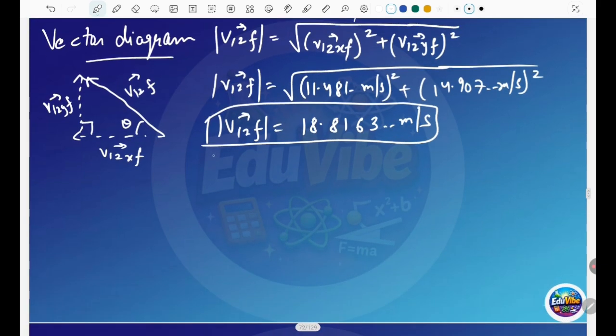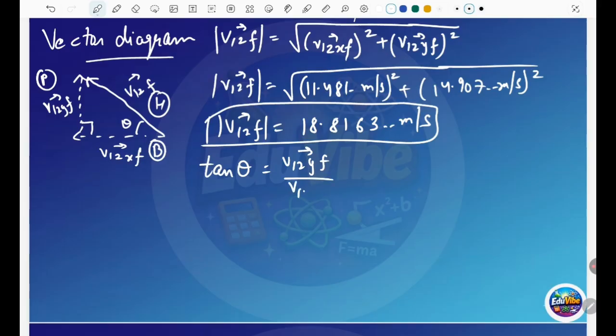Now we have to find the theta. We find it by tan theta, where this is our base, this is the perpendicular, and this is the hypotenuse. So perpendicular upon base, which is v12yf over v12xf. From here we have 14.907 meters per second and 11.481 meters per second.